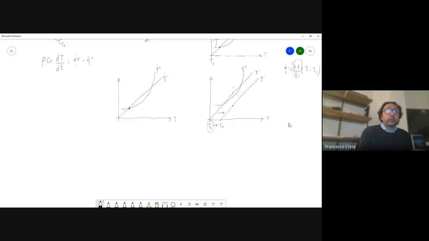So what have we learned up to now? Well, that this point is a stable point, right? So what are the conditions of stability? This is the stable operation temperature.